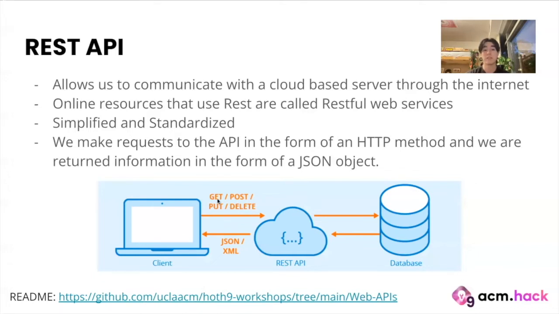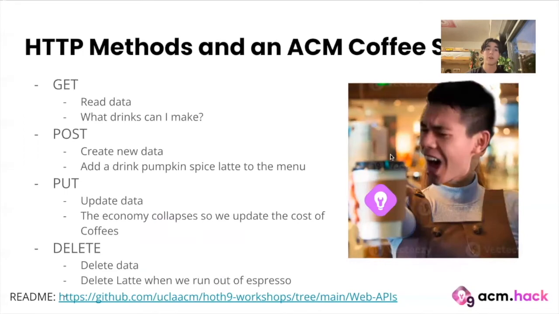The things that say get, post, put, delete are all HTTP methods, and we're going to talk about exactly what those do in a second. As you can see, it returns either JSON or XML, which is another type of file, but we're just going to be talking about JSON today because that's more common. So, HTTP methods.